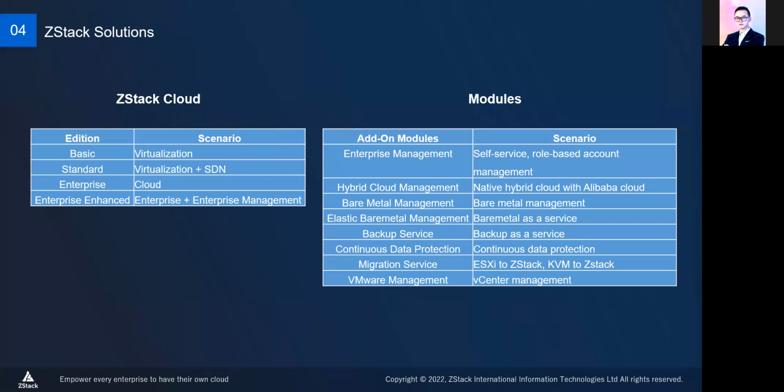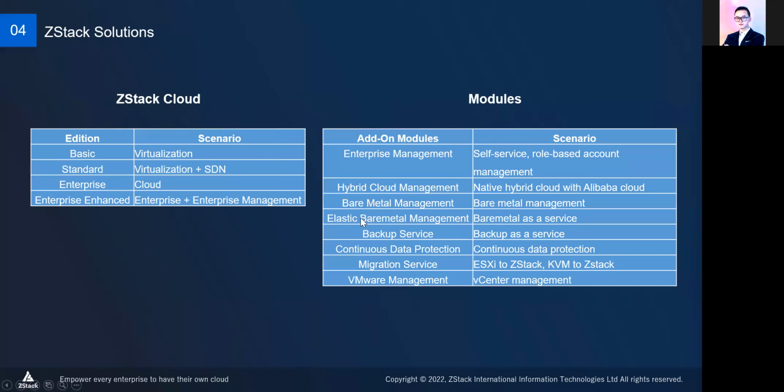It is a native hybrid cloud feature with Alibaba Cloud, and it allows you to manage Ali Cloud ECS instances in the ZStack portal. And then we provide 2 bare metal modules. First is bare metal management, and then elastic bare metal management. In the future, maybe these 2 features will be merged into one.